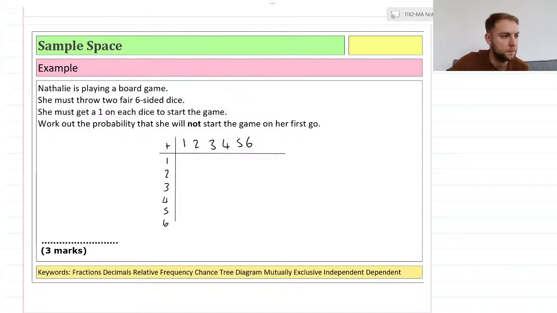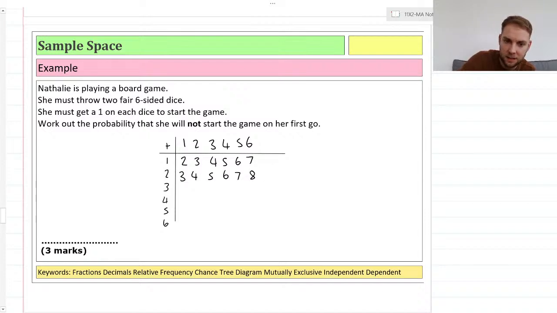It's going to be 1 and 1, which is 2. 3, 4, 5, 6, 7. 3, 4, 5, 6, 7, 8. 4, 5, 6, 7, 8, 9.